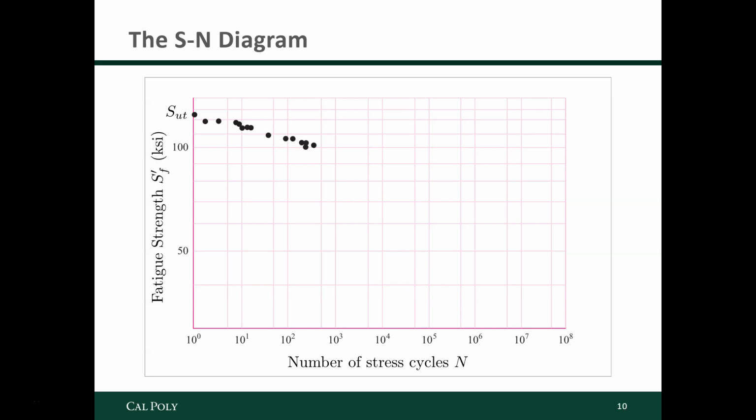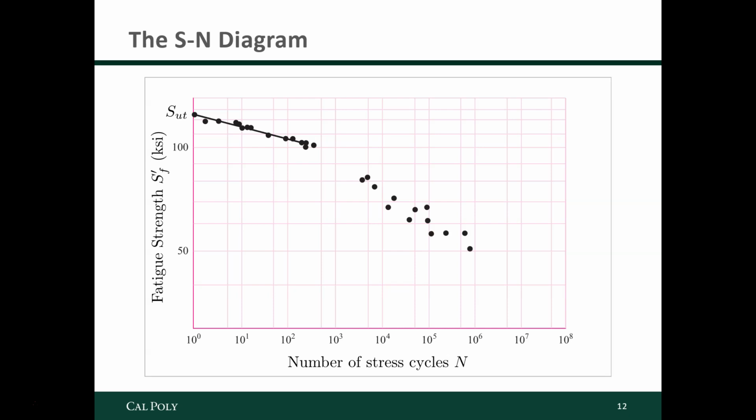And so we can do that for a lot of different stress levels and plot the points at which the part fails, and it turns out that they all form sort of a straight line between them. At least for a low number of cycles, or relatively high stresses near the ultimate tensile strength, on a log-log plot, the points of failure form a straight line. Now once we get past around 1,000 cycles, it looks like it's between 100 and 1,000 on this plot, the slope of the line changes.